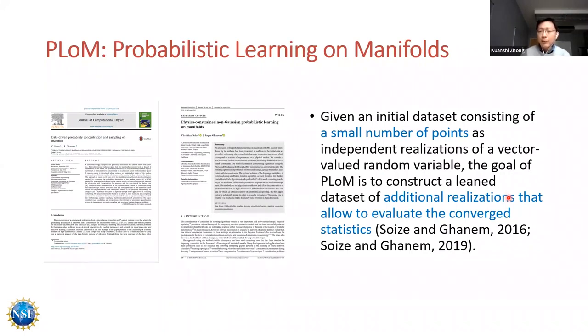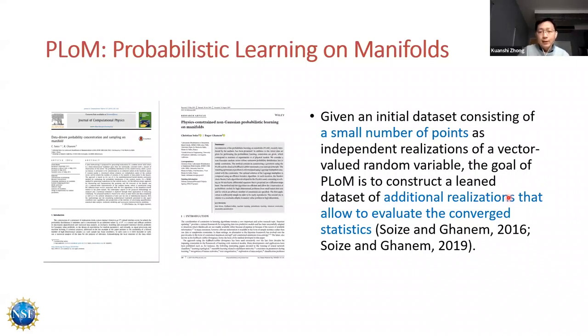So basically it's a small sample problem, and it's hard to get a stable or reliable estimate of the statistics from that small sample. The PLoM method helps you learn the data structure from the small sample, regardless of linear or nonlinear and local structures, and helps you produce new data samples while preserving the important correlation structures in a computationally efficient way.